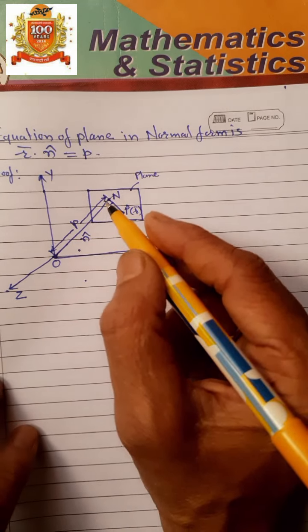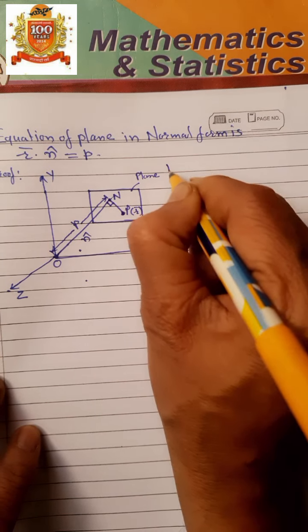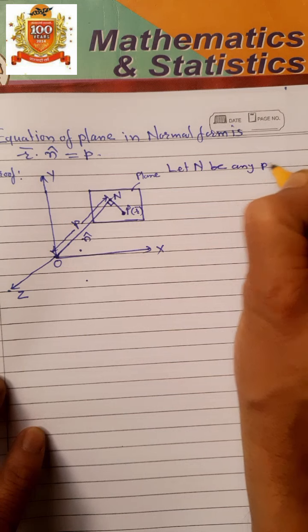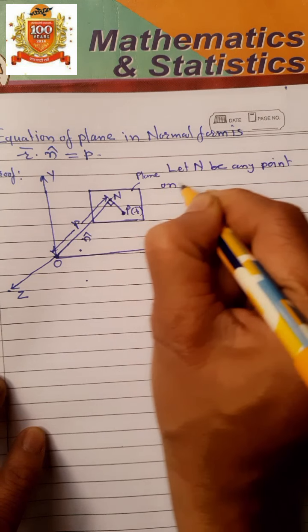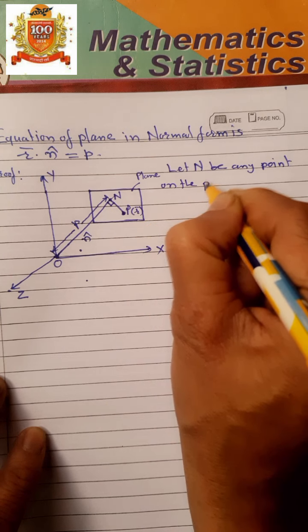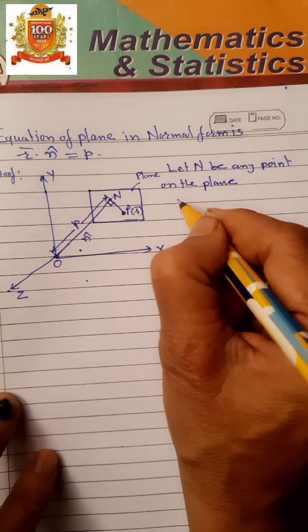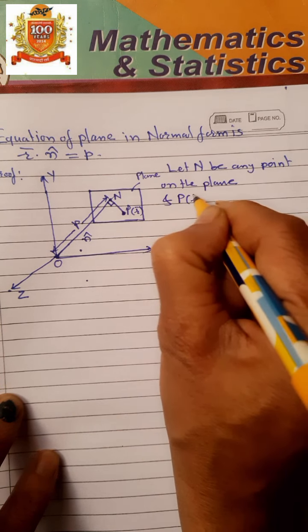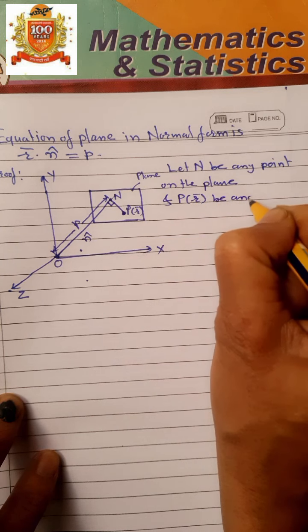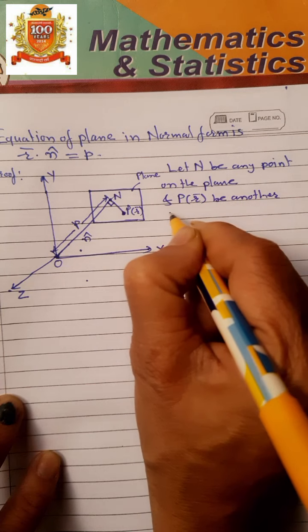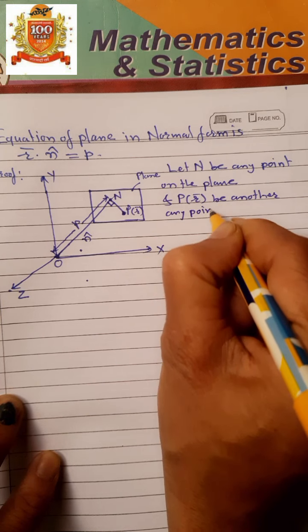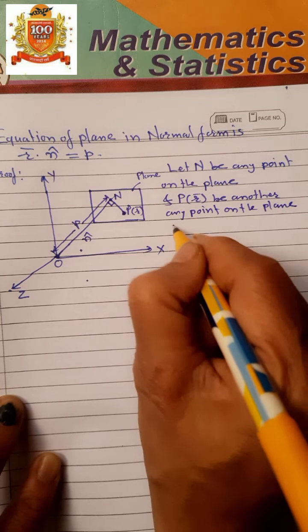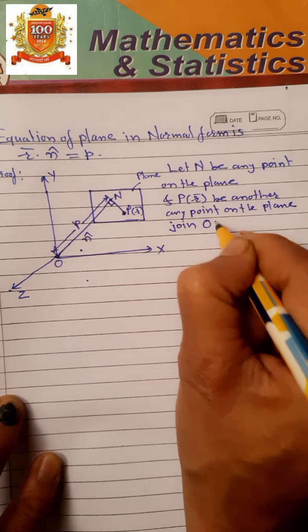Now let us write. Let N be any point on the plane, and P, r bar, be another point on the plane. Join ON.